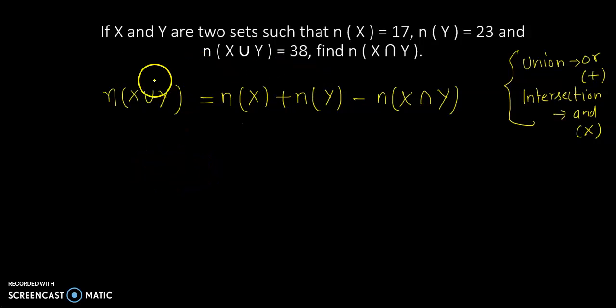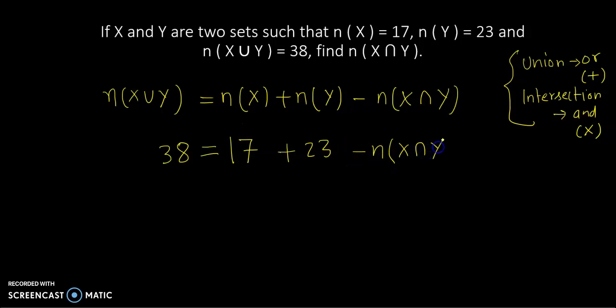Here I've been given a question: if X and Y are two sets such that the number of elements in X is 17, the number of elements in Y is 23, and the number of elements in X union Y is 38, I want to find out how many elements are in X intersection Y. This becomes a really easy arithmetic problem. You can simply switch the places.